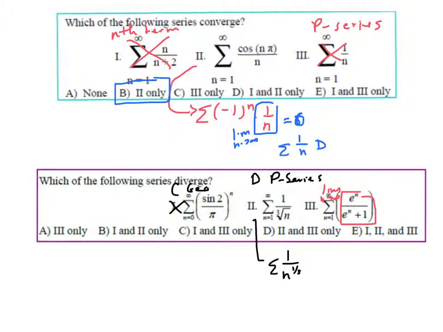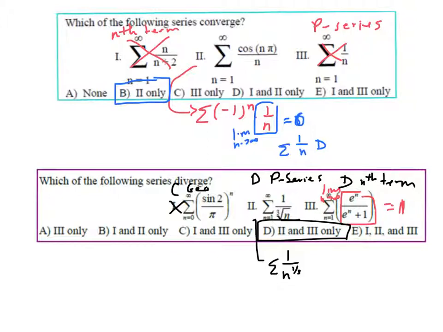Well, e to the n over e to the n, the limit's 1. So this is essentially like adding 1 up over and over again. So this is divergent by the nth term test. So the two that diverge are 2 and 3.